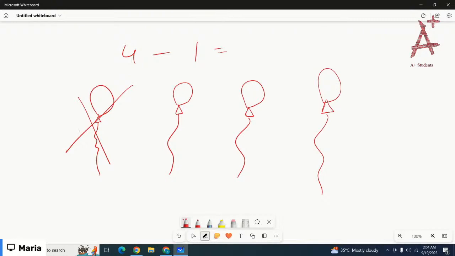The cross sign means that's the one you gave to your brother. Now you have one, two, three. That means you had a total of four balloons. You gave one to your brother, and after giving one to him, you're just left with three balloons, right? Basically, this is the concept of subtraction. That's how we subtract, right?